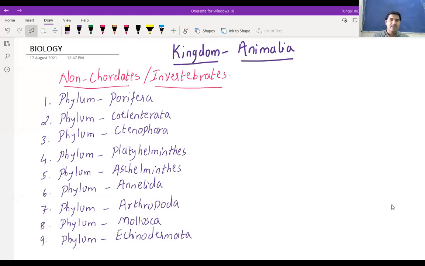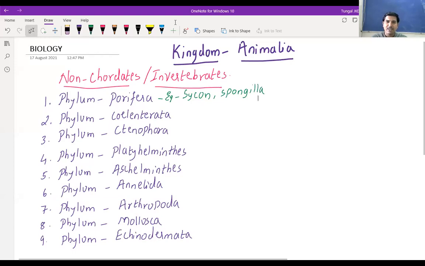Now let us take some examples. Next, other peculiarities will come. For Porifera, let us take the examples: Sycon, Spongilla, Euspongia.